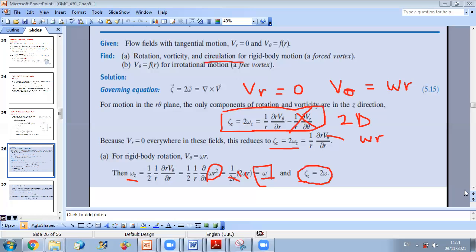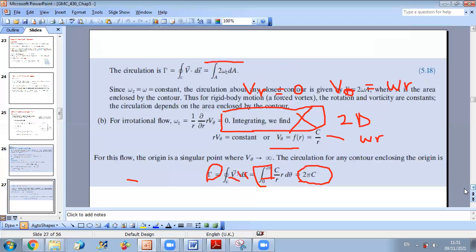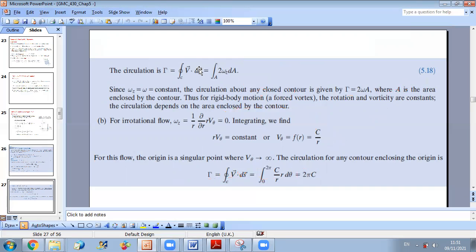Okay. To define circulation, we'll go back to the definition. What was the definition for circulation? We have two approaches where we can define circulation. Either we use the integral over a closed curve of V dot dl, or we can use the integral over A, which is the enclosed area of the curve, of 2 omega_z dA.